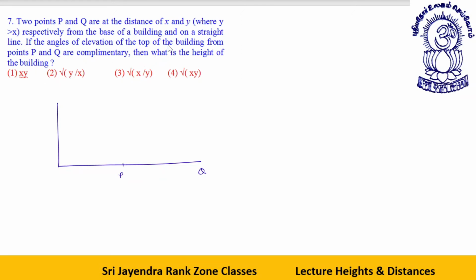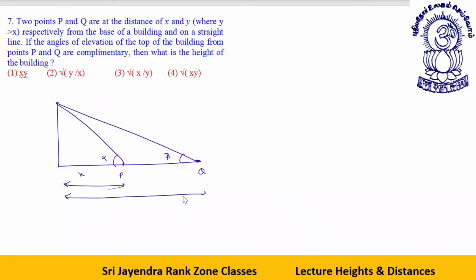If the angles of elevation of the top of the building from points P and Q are complementary, this angle and this angle are complementary. This is alpha, this is beta, this is x, this is y. Then what is the height of the building?